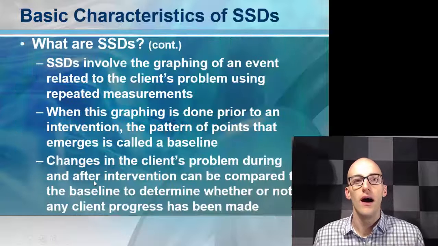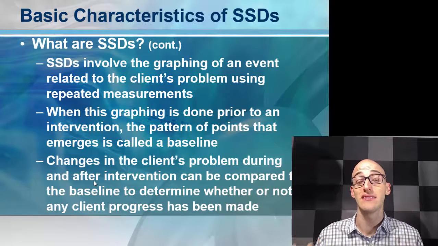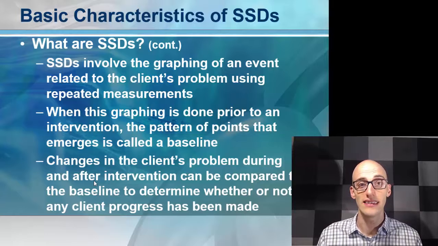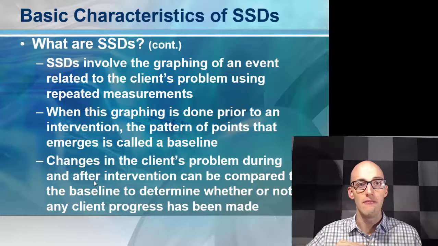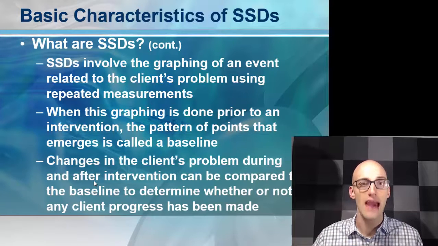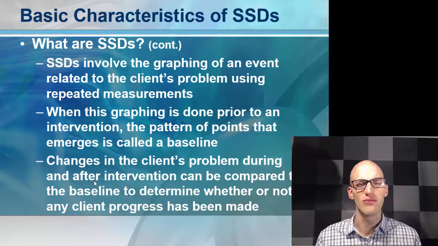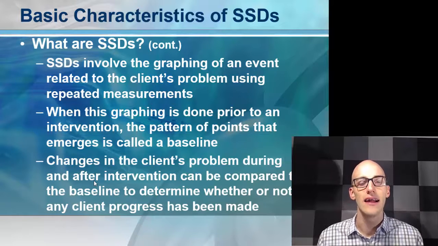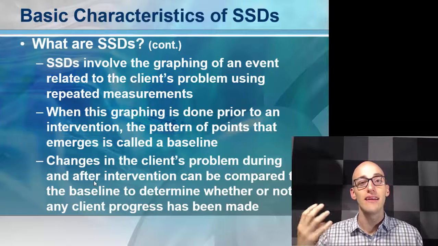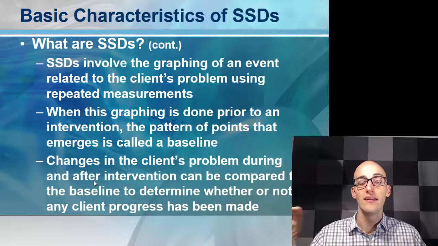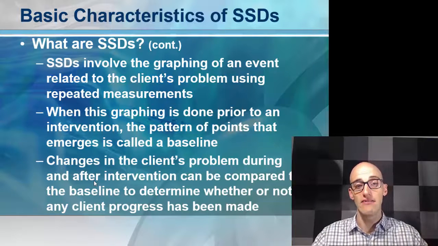So in that slide I just showed you, maybe it's the number of cigarettes smoked before the intervention, and hopefully you'll find some type of pattern in what their regular smoking habits are like. And by having a baseline, you're comparing the same person smoking before the intervention to after the intervention.